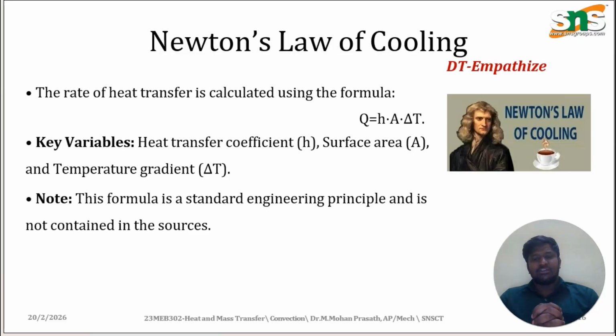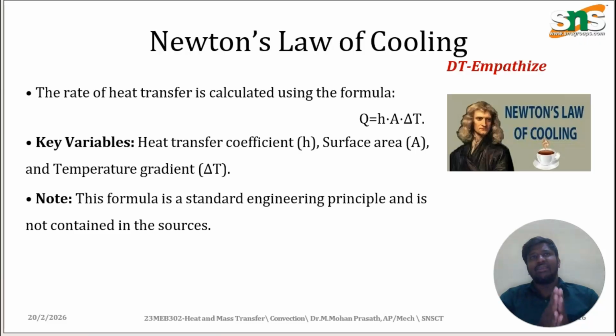Next, Newton's law of cooling. In convection, heat flows from a higher temperature to a lower temperature. So the heat transfer is calculated by Newton's law of cooling, which is given by Q = h × A × ΔT. ΔT is the temperature difference because heat flows between the surface temperature and the fluid temperature.